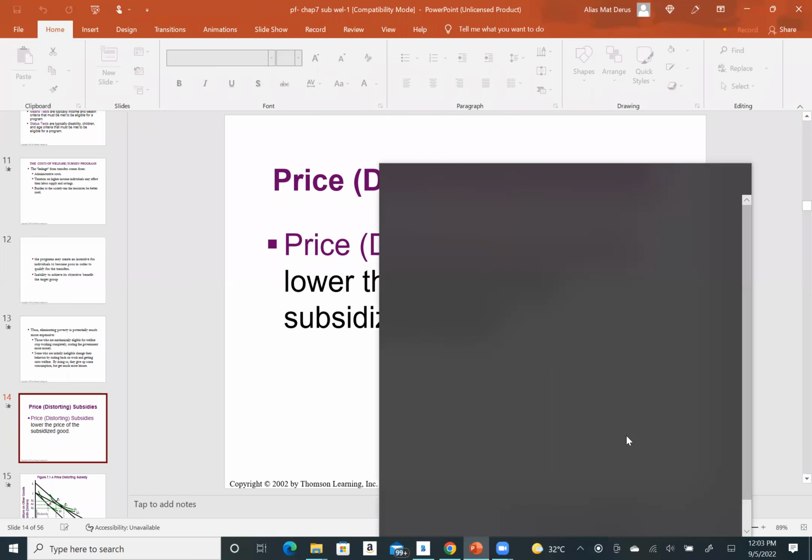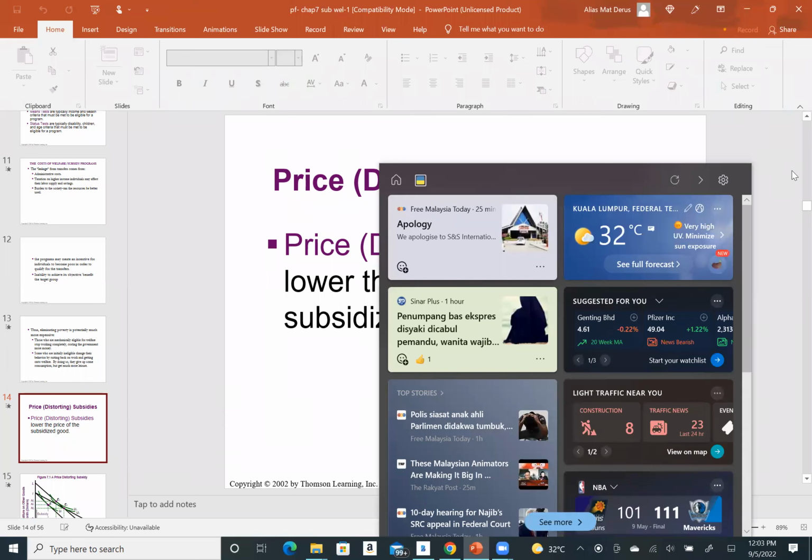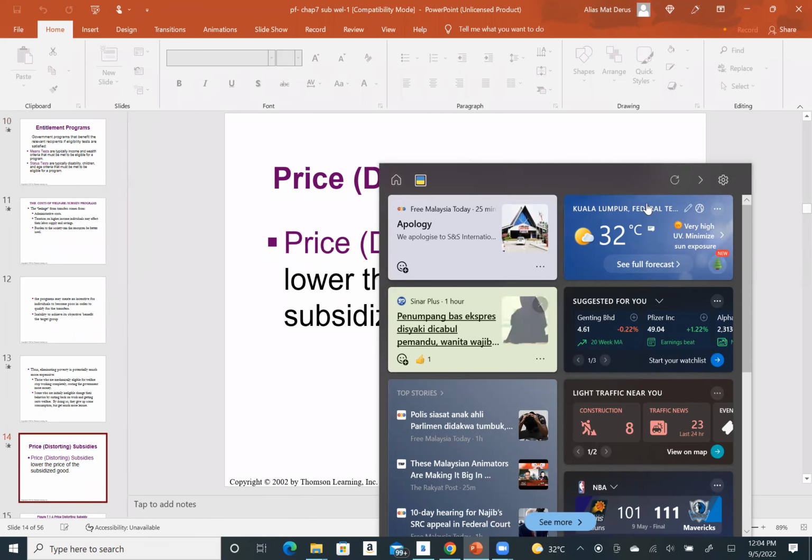This type of subsidy in the book, they call it price subsidy.